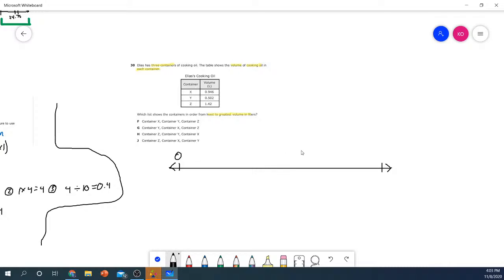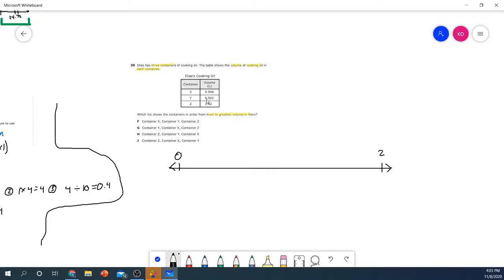We see the numbers are in between 0 and 2. And just for the sake of the problem, I don't even have to do that. What I can just do is use the letters over here and plot the letters.